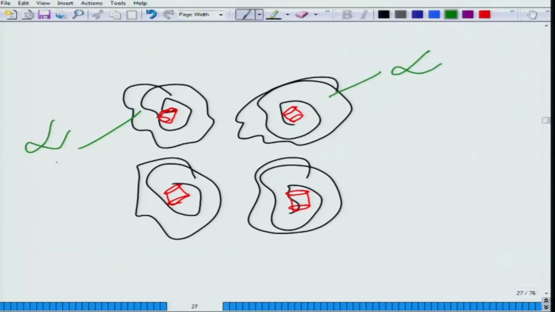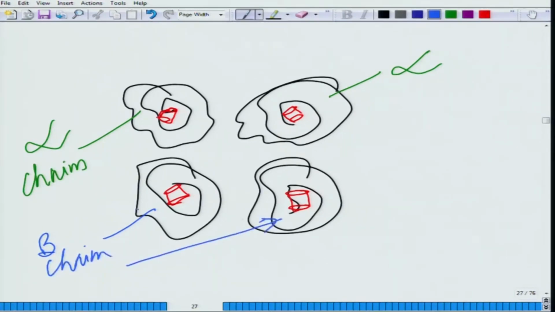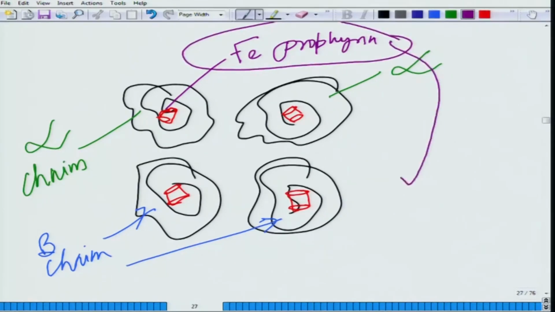These are the proteins. And these two chains are called beta chains. And this red colored thing is basically iron porphyrin. This is the one which binds to oxygen.